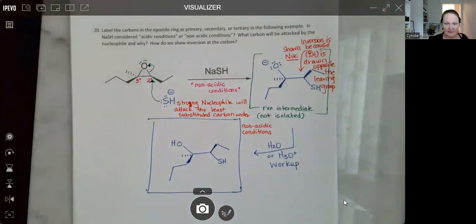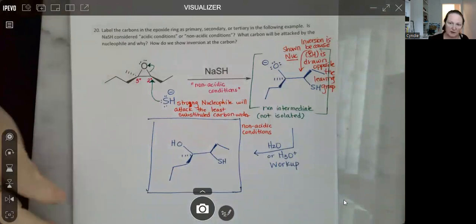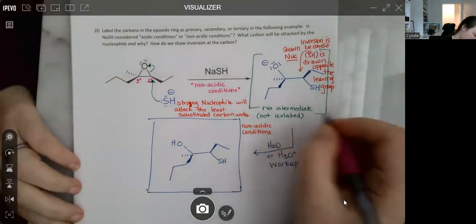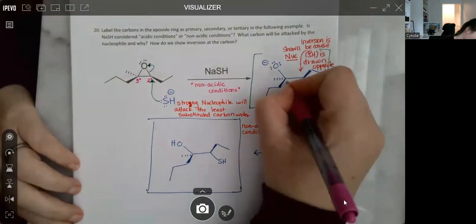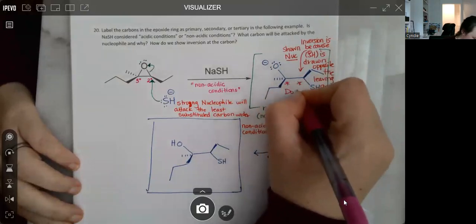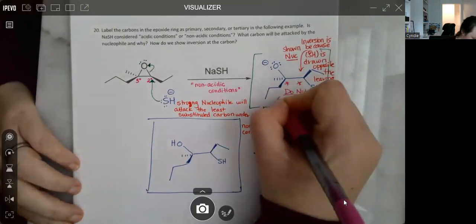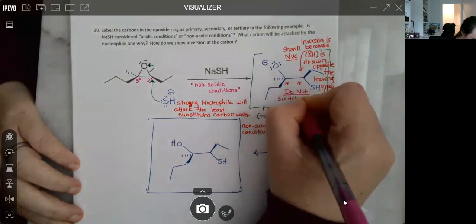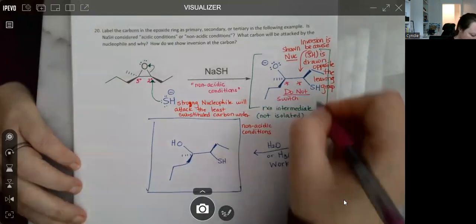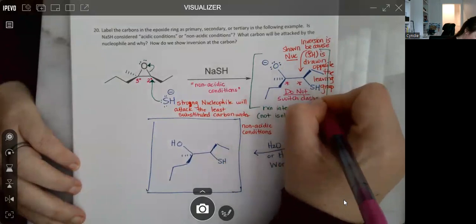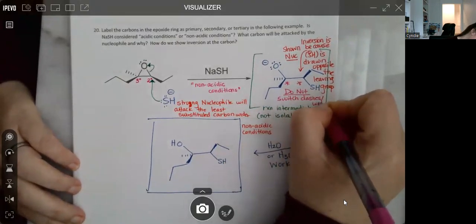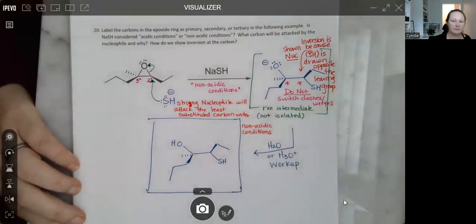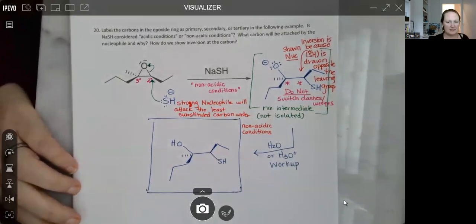Okay, and then maybe one more note, right? Over here. Do not switch dashes and wedges. Hopefully that's super clear.